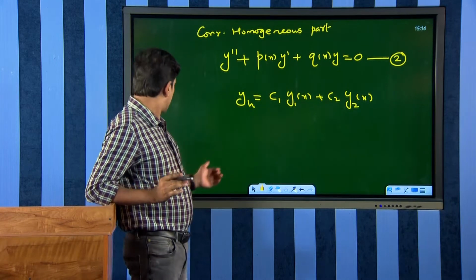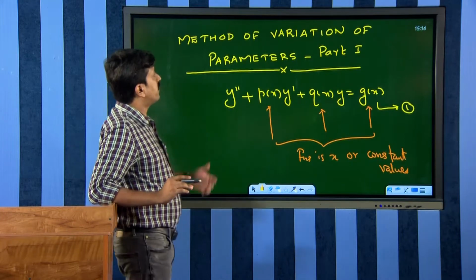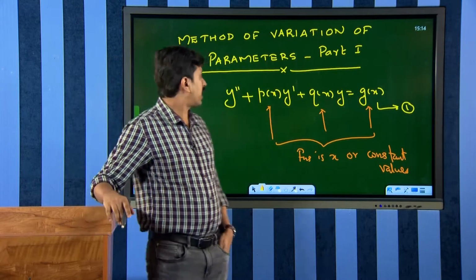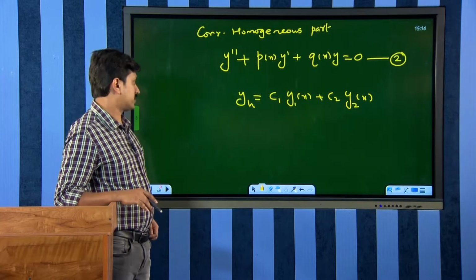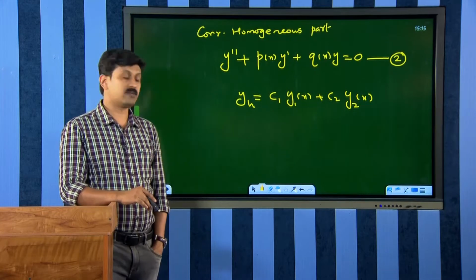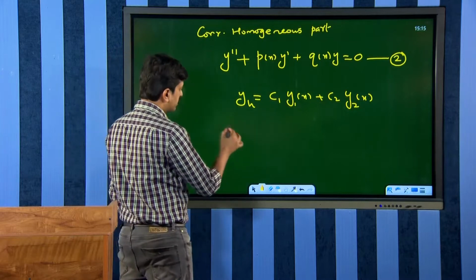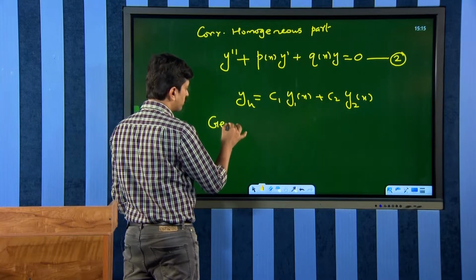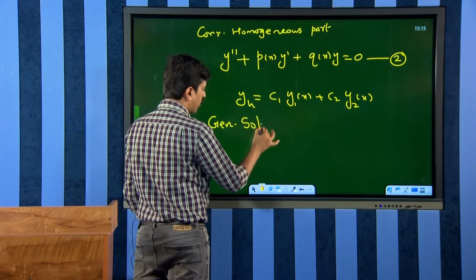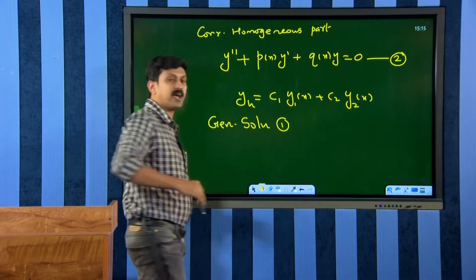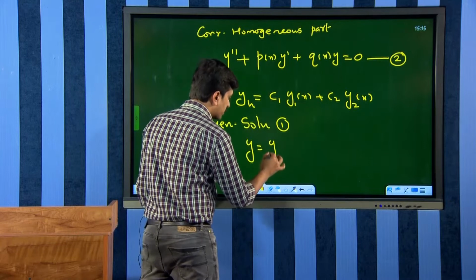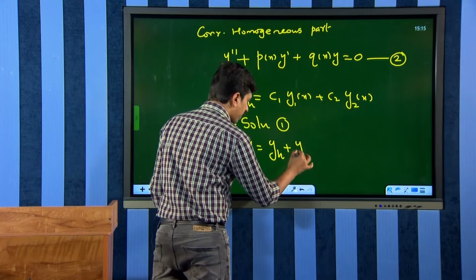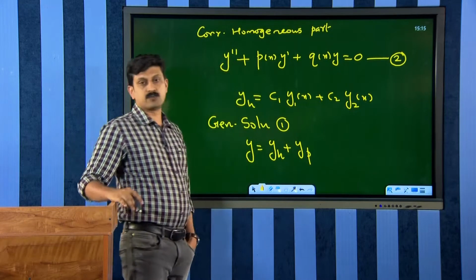For this method of variation of parameters, as discussed before, the general solution of the given non-homogeneous equation 1 is y = yh + yp.